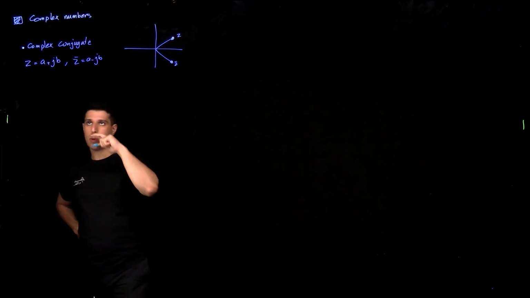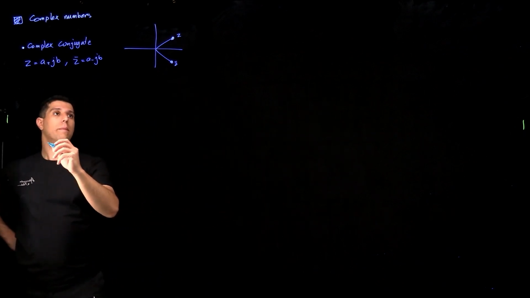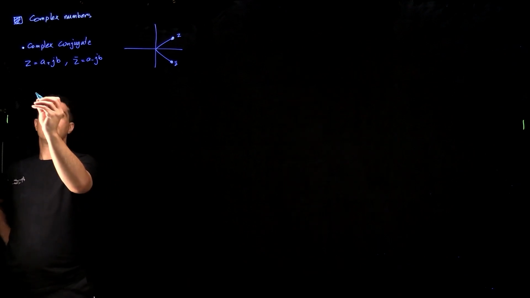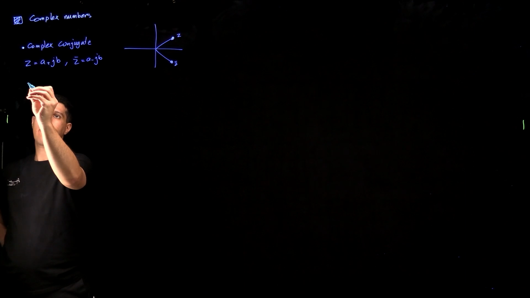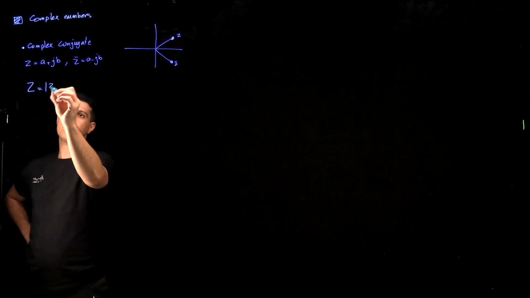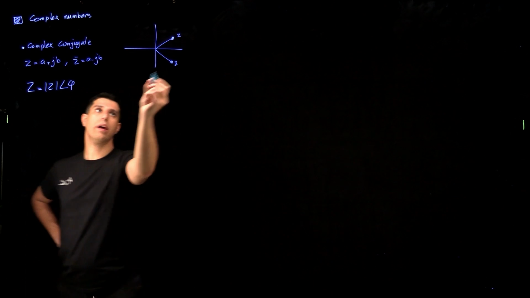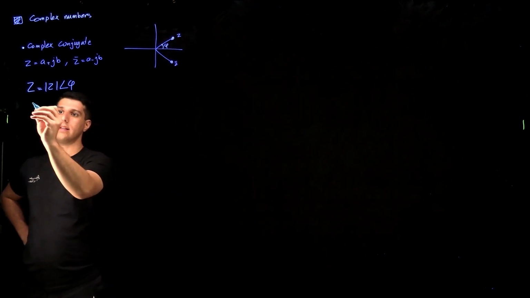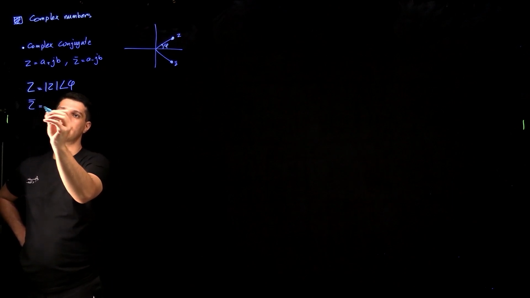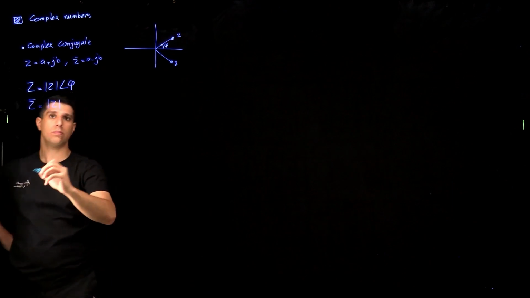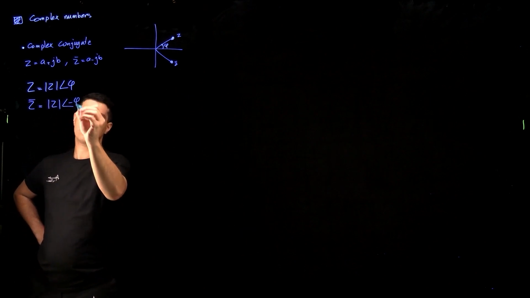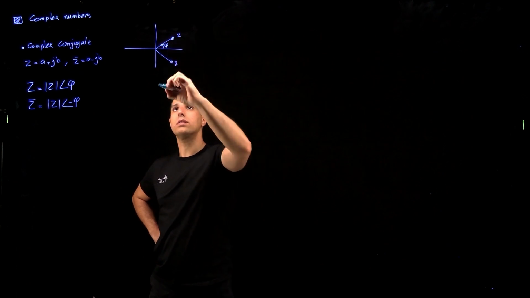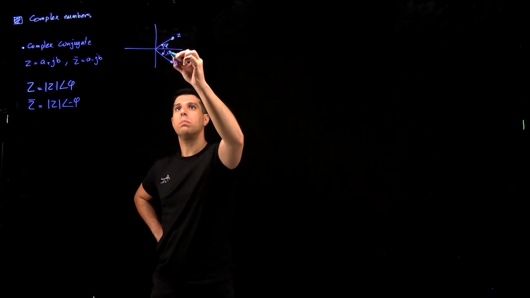If you go back to our norm and angle notation, if I have z, which is norm of z, angle phi, in this case z bar, the complex conjugate, has the same norm but negative angle. So angle is positive that way, so this is minus phi.